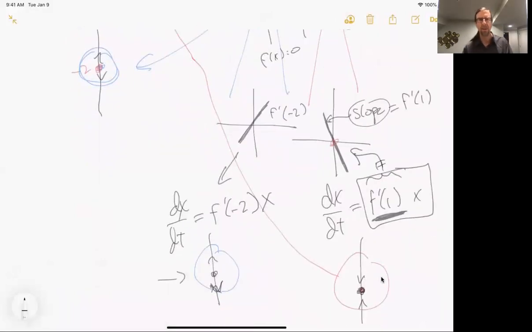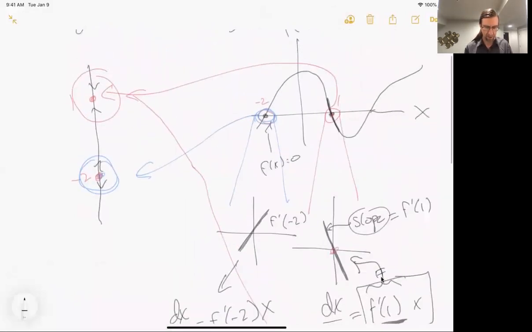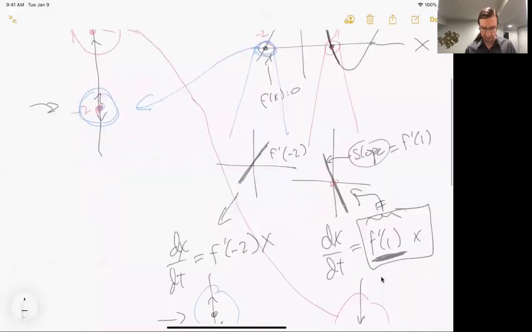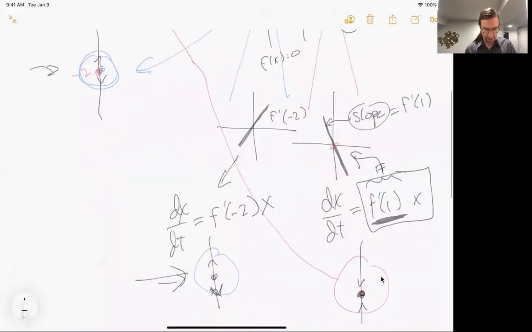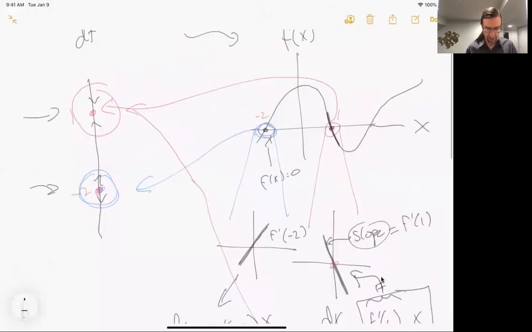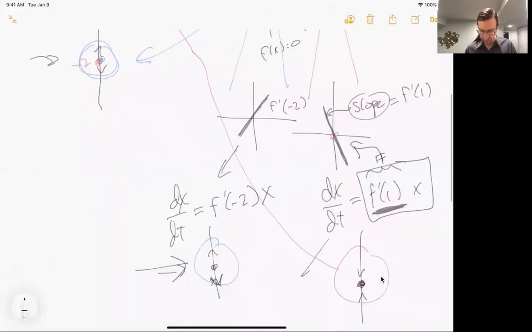Okay, we're not seeing that rate at which things are moving away from the origin there, but if we were to somehow plot that, we would see the same thing up here. So near the equilibrium point minus 2, the system is behaving like this linearized system, and near the equilibrium point 1, the system is behaving like this linearized system.